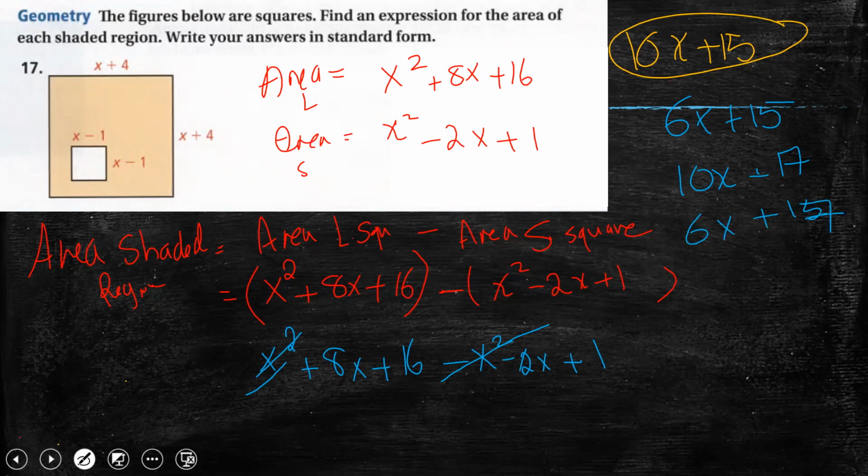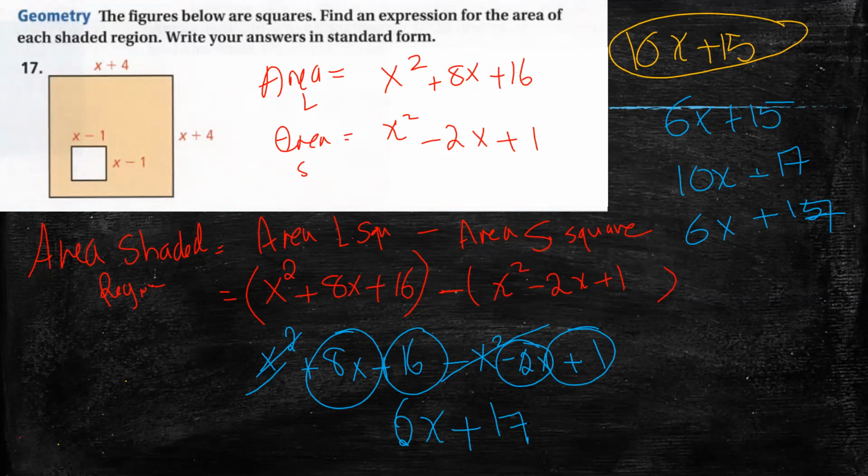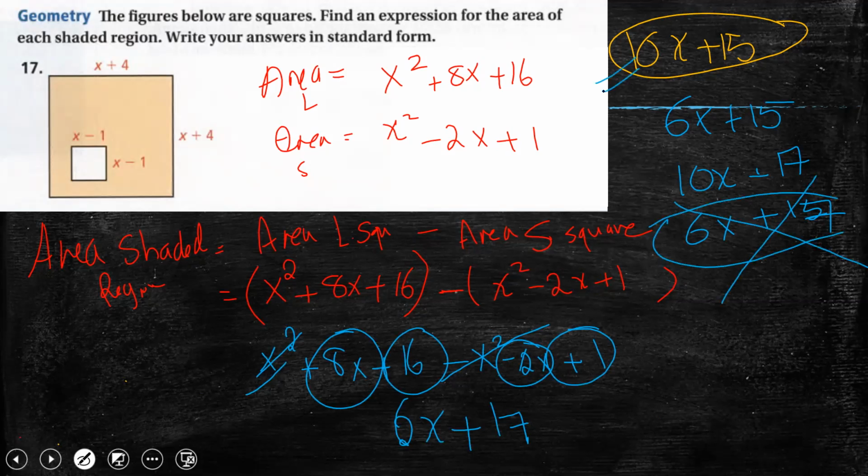Now, 8x minus 2x will be 6x. 16 plus 1 is 17. So if you forget to multiply by the negative sign, you will say, yes, teacher, I found the answer. It is this one. But it will be wrong because this will be the correct one.